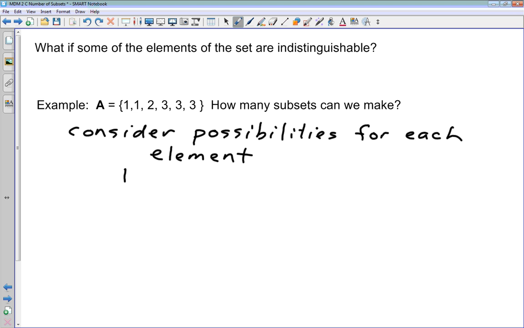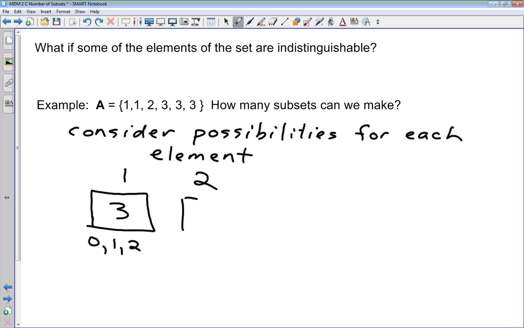How many possibilities do we have in our subset for including the number 1? Well, before we just had 2 options. We could have the 1 in, we could have the 1 out. Okay? But now we have 3 possibilities. We could have no 1s, we could have 1 1 in our set, or we could have 2 1s in our set. So we've got 3 possibilities for the digit 1. We could have 0, 1, or 2.